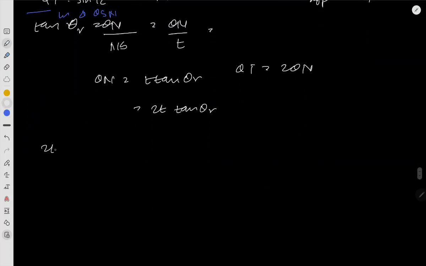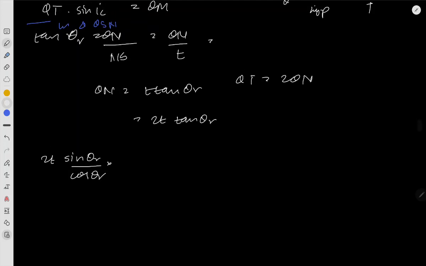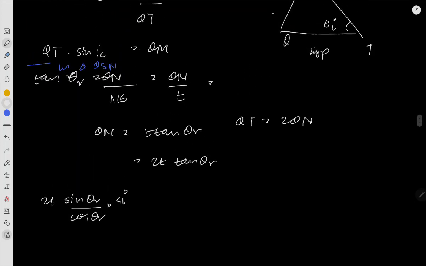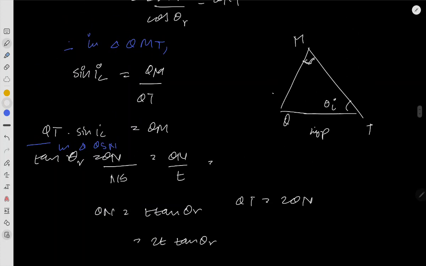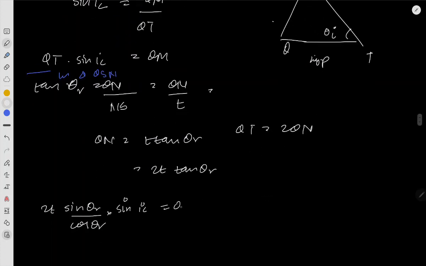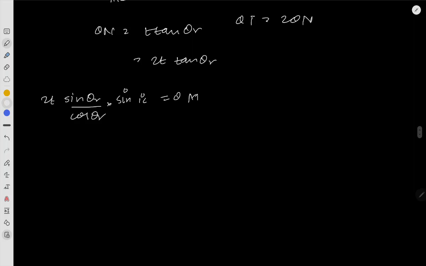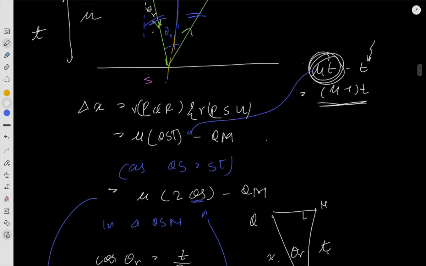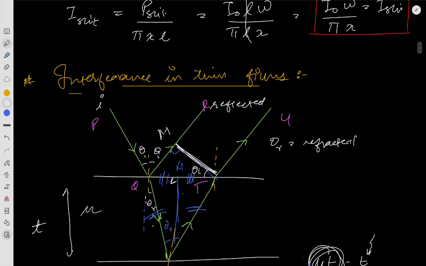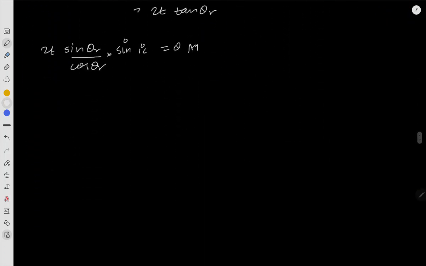So I'm substituting 2t sine theta r upon cos theta r into sine of theta i equals to qm. And now I'm applying the simple Snell's law, assuming the outer is air and this has a refractive index of mu.